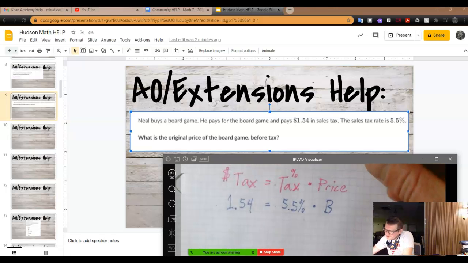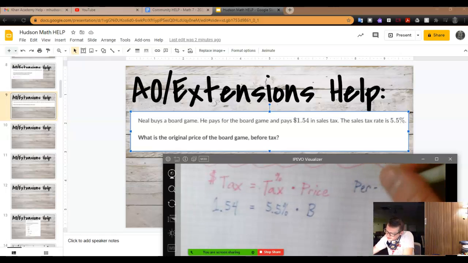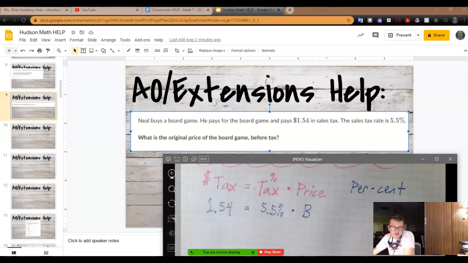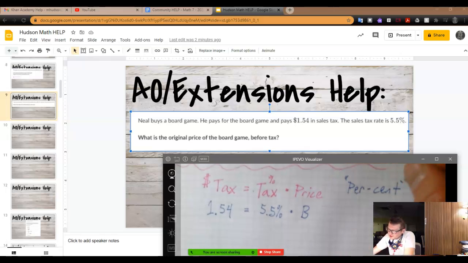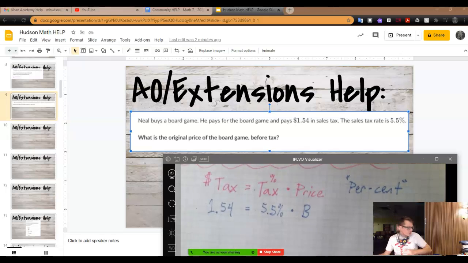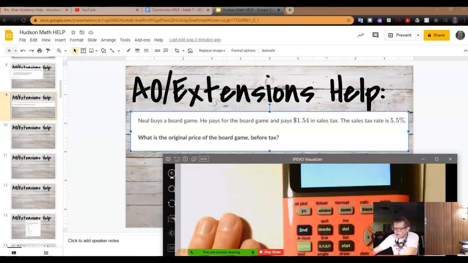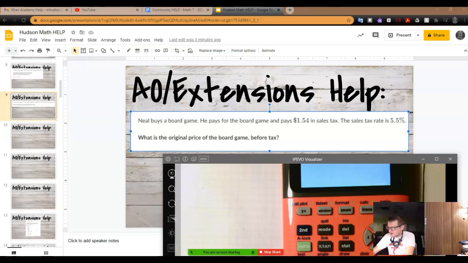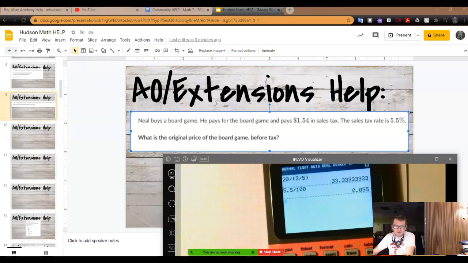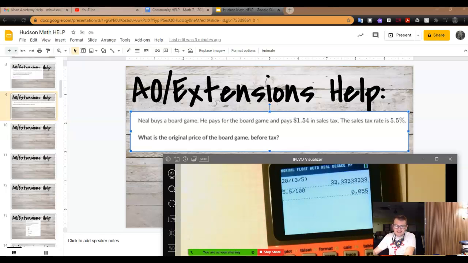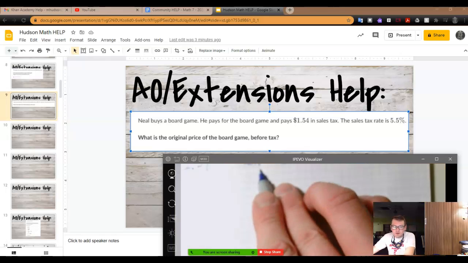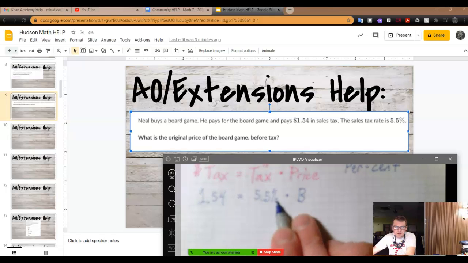So remember, per means divide, and cent means by 100. So when we think about what percent means, it really tells us to take 5.5 and divide by 100. Sorry, grabbing my other calculator that you can see a bit more easily. So 5.5 divided by 100, the number we can actually do our math with, is 0.055, because we can't do the math with the percent symbol still in here.